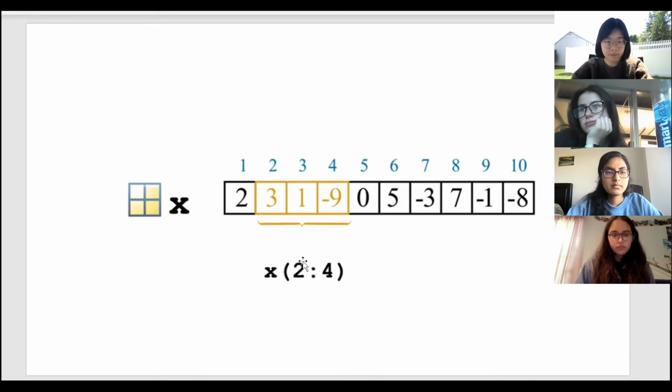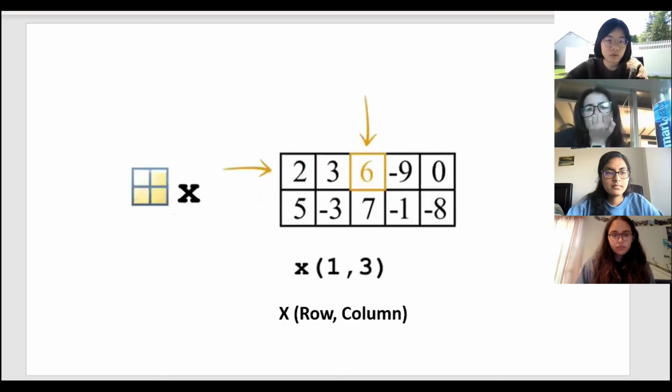with the colon operator. And so in general, when you work with vectors, you only need one index or a range. But when you work with a matrix, of course, you will need two elements, because we work with rows and columns.